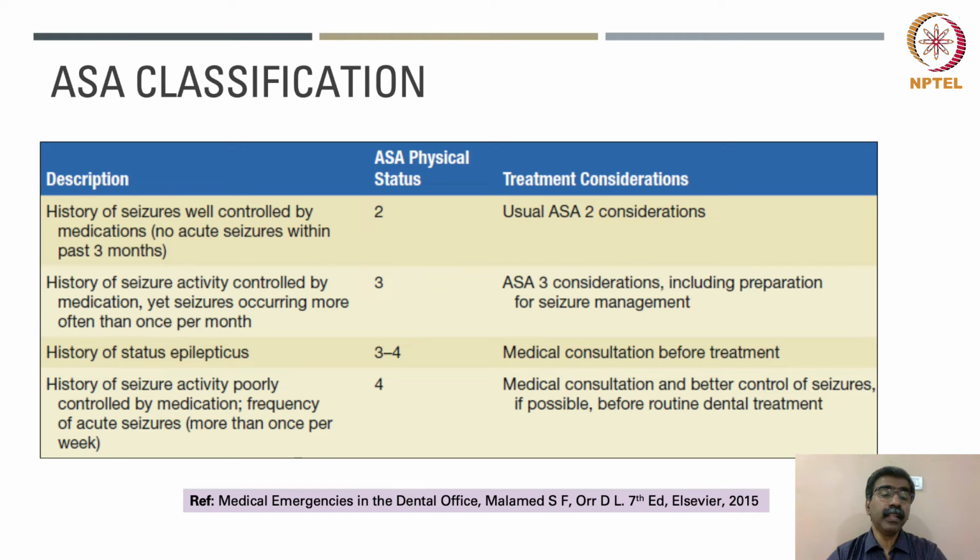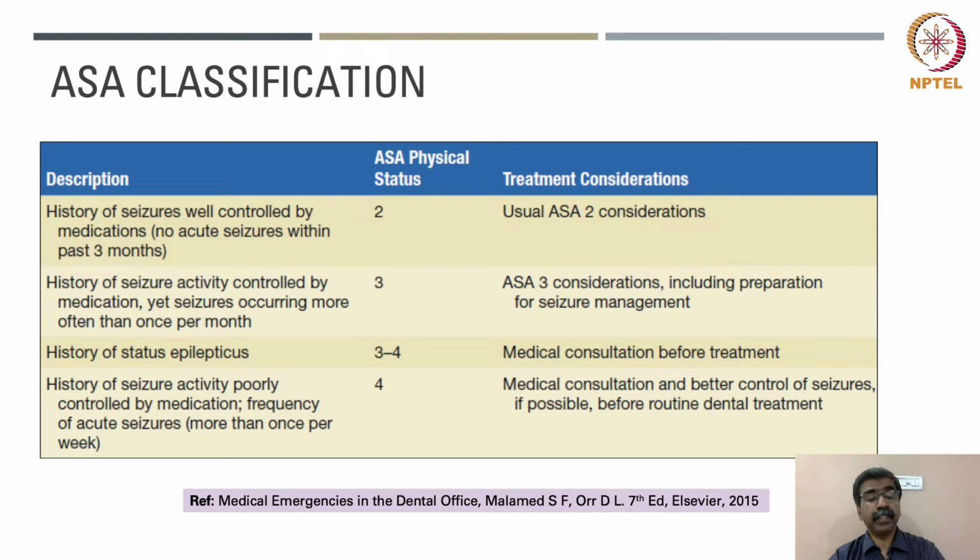You have an ASA classification as well, where the history of seizures is well controlled by medications with no acute seizures within the past 6 months. Usually, it is considered as ASA physical status 2. And if the history of seizure activity is controlled by medication, yet seizures occur more often than once per month, you will have physical status 3.